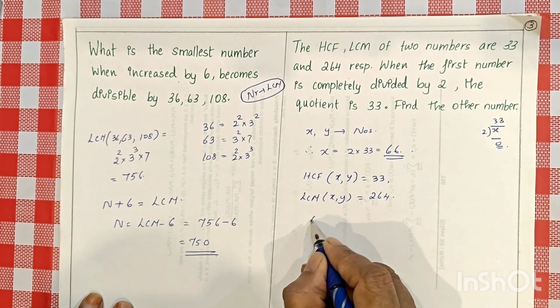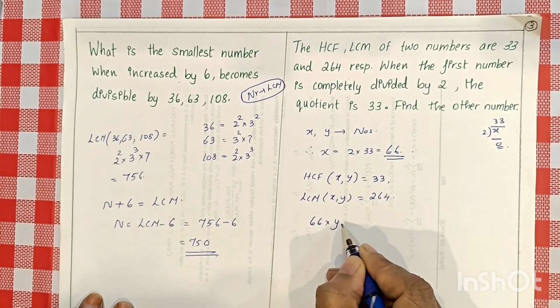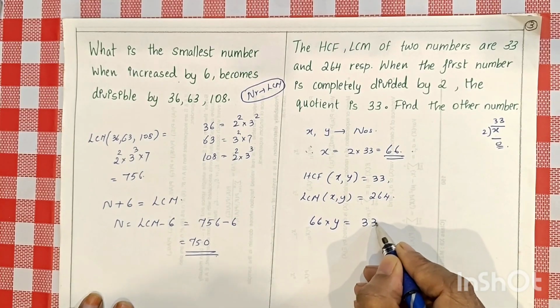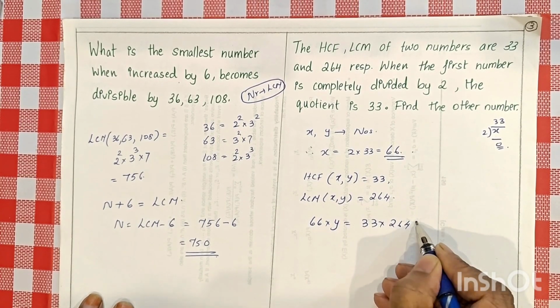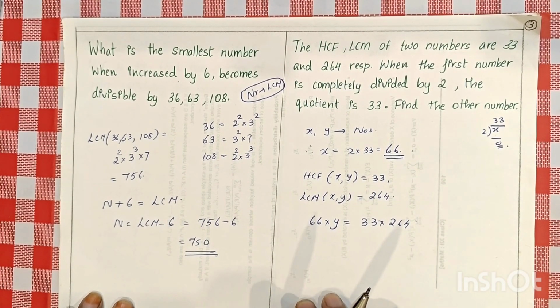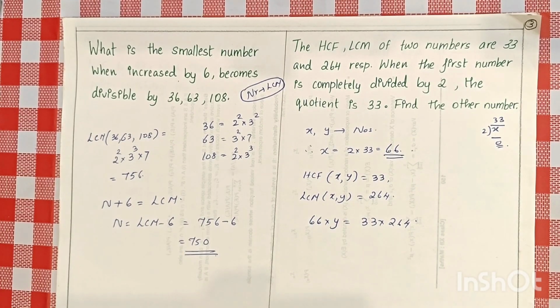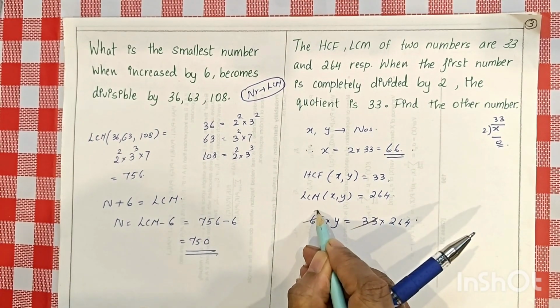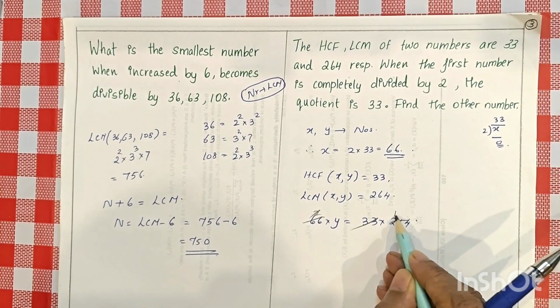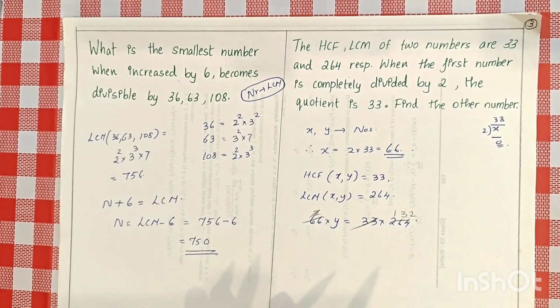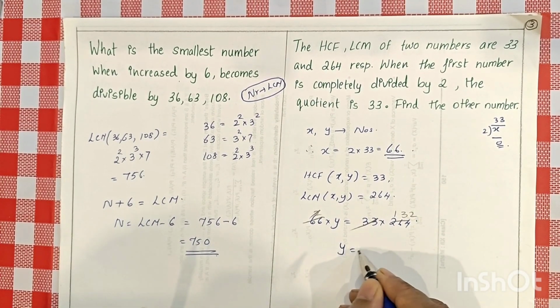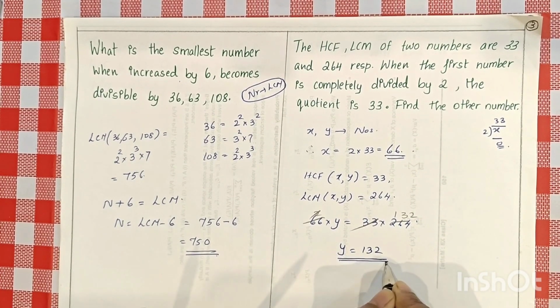So 66 into y equal to 33 into 264. So cancel it. So y equal to 132.